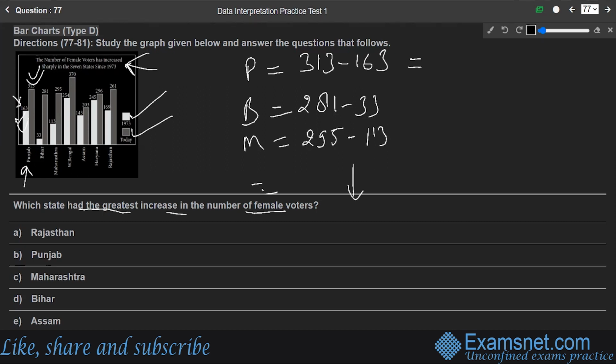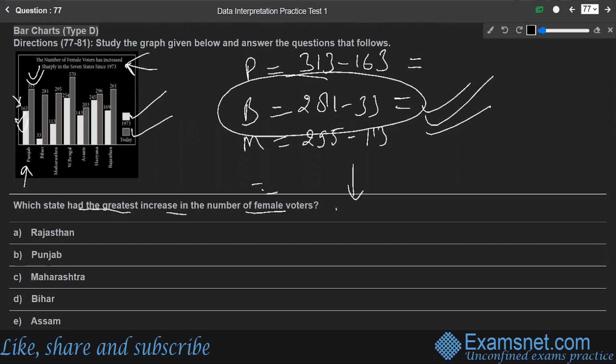We can find the increase for each state by subtracting, and we can observe that the greatest increase is for Bihar, because 281 minus 33 is the highest difference. We don't even need to calculate this; we can get an idea that 281 minus 33 is the highest value. So that becomes the right answer.